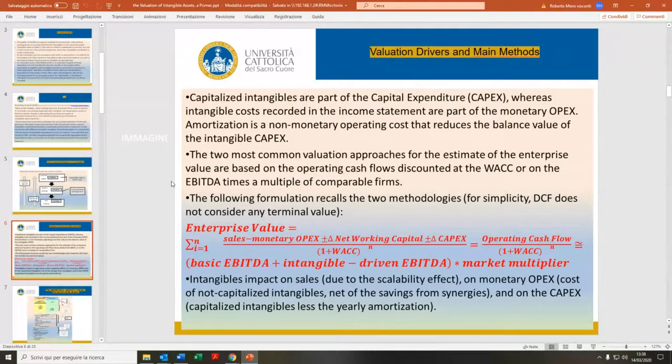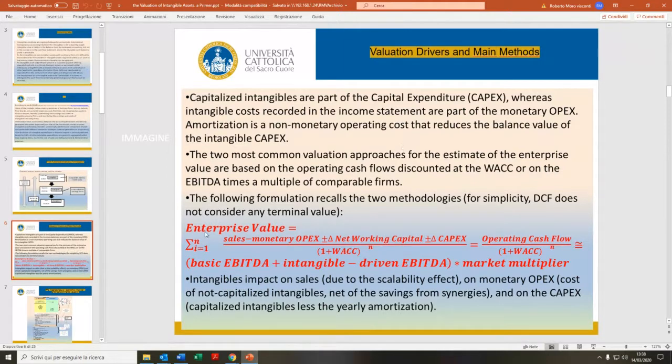The EBITDA is at the same time an economic margin, but also a financial margin. And that is why it is so useful in business valuation. This EBITDA indicates the cash that I am able to produce within my income statement.